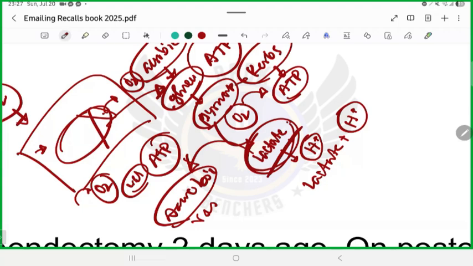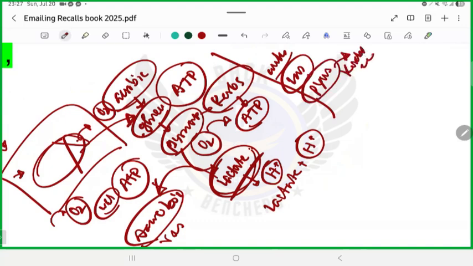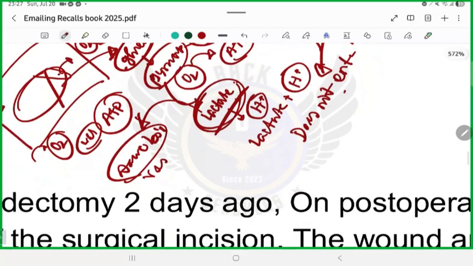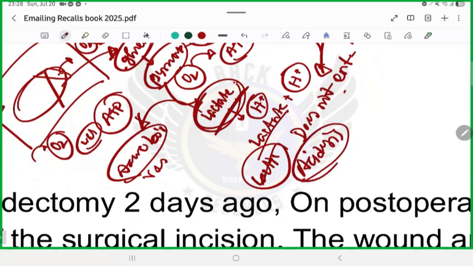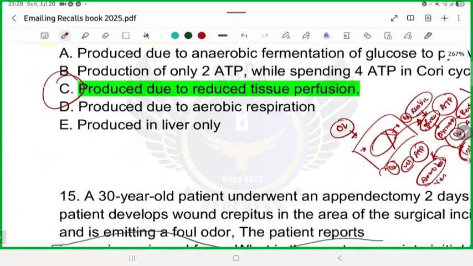Mitochondria have oxidative stress and work less. So pyruvate enters the Krebs cycle less, and the rest of the pyruvate that does not enter mitochondria becomes lactate and proton. So we get lactic acidosis, simple as that. It is produced due to reduced tissue perfusion, that's the thing.